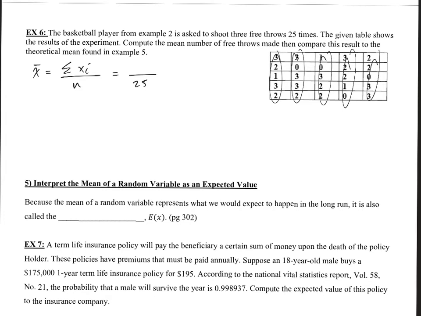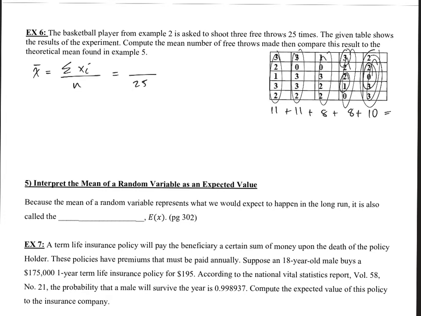So adding up these values, I have 5 and 5, so 11. And then 9, 10, 11 again. Here I have 5, 6, 7, 8. And then 5 and 3, so 8. And then we have 2 5s, so 10. All right, now we're going to go ahead and add all of these up.